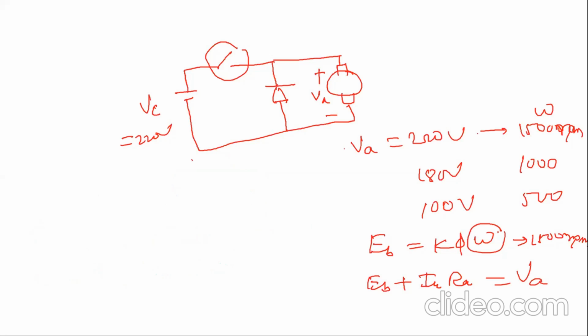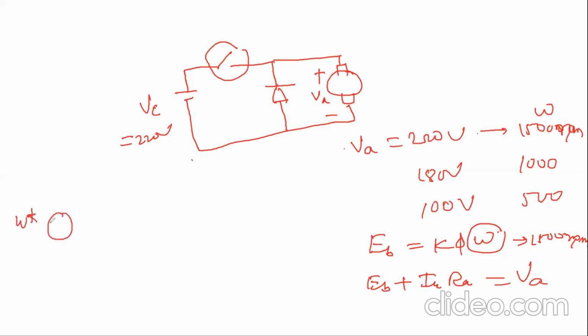The current controller's output is given to the converter. Suppose I want to change the speed, so the reference is omega star.